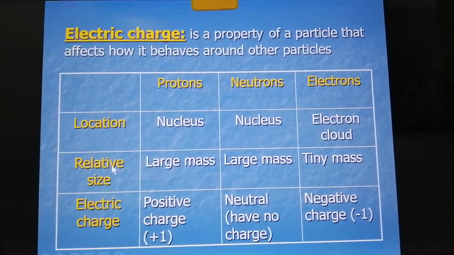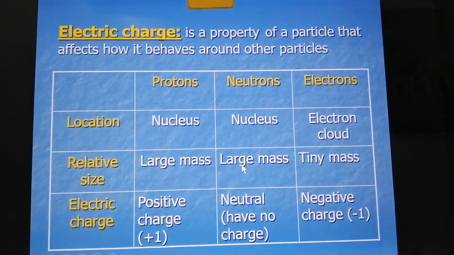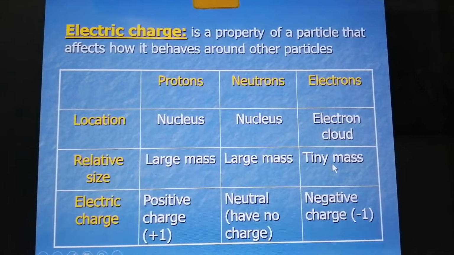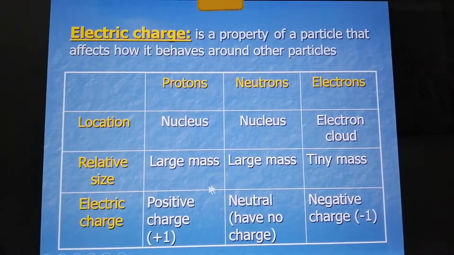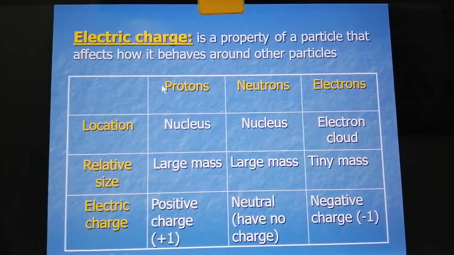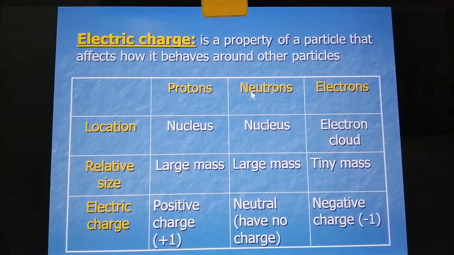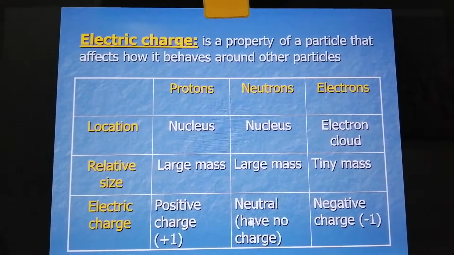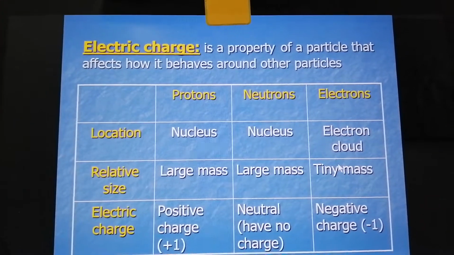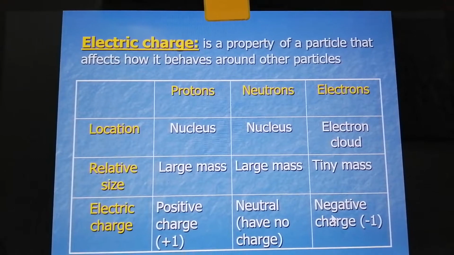For the size, the protons have large mass, the neutrons large mass, and the electrons tiny mass. For the charge, protons with P have positive charge. Neutrons with N are neutral, no charge. Electrons have a negative charge.